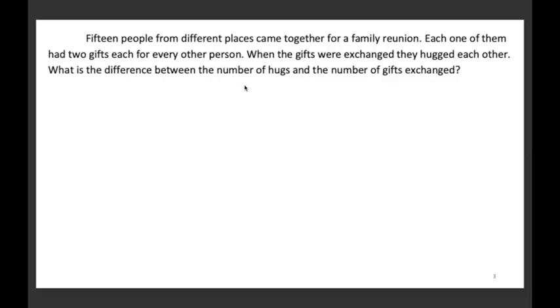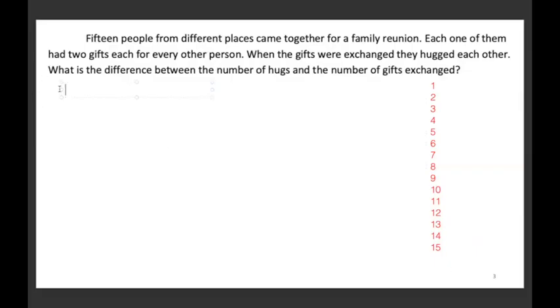We know that there are 15 people in the reunion. We know that one person gives 2 gifts to every other person. And we also know that when they exchange gifts, they hug each other also. Okay, this is what we know so far. And there are 15 people, all right?